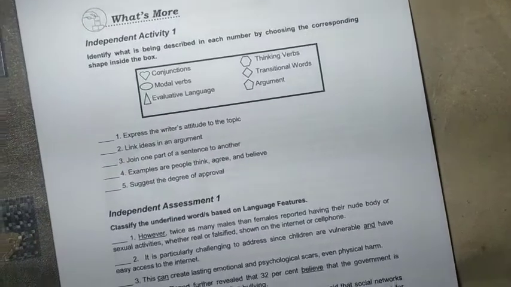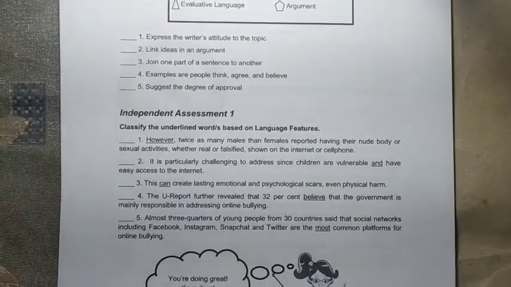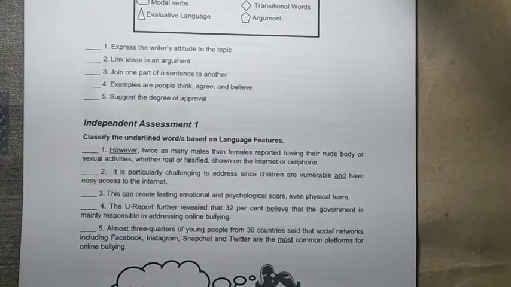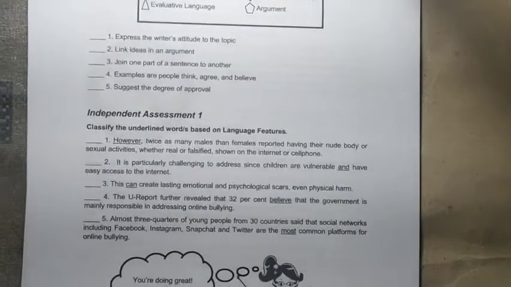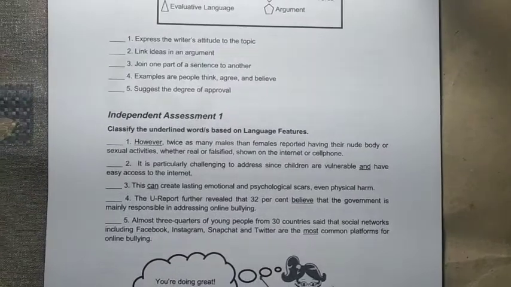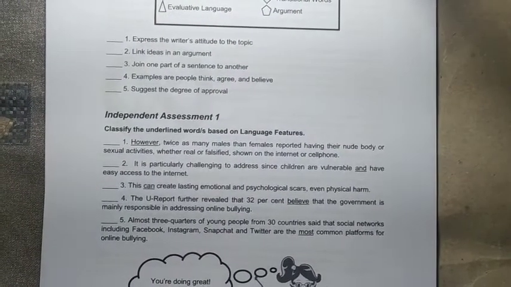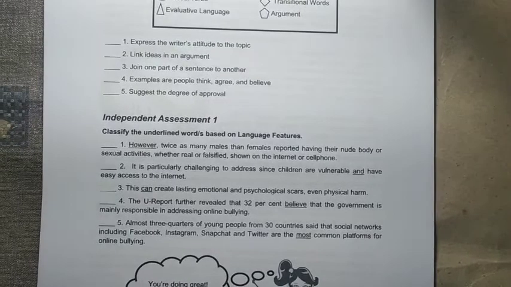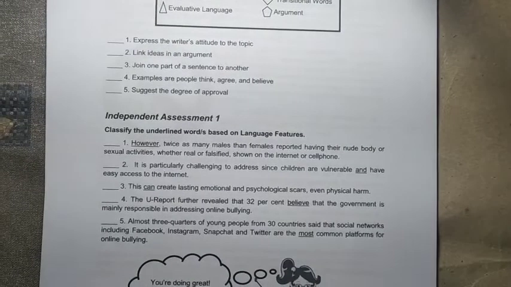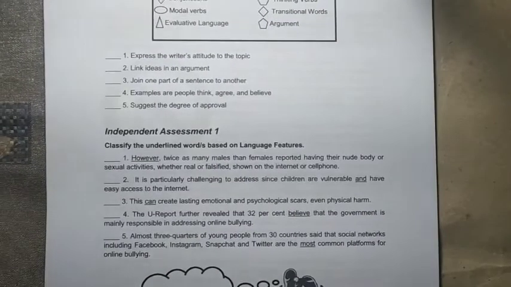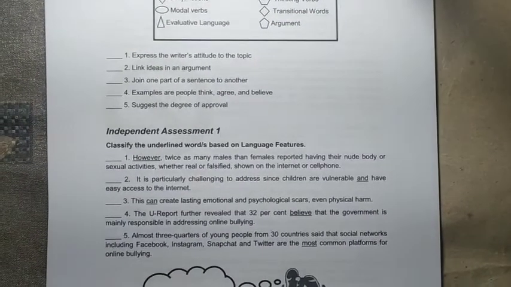Independent assessment number 1, classify the underlined words or word based on language features. Your answers can be conjunctions, transitional devices, evaluative language, modal verbs, and the last choice will be thinking verbs.